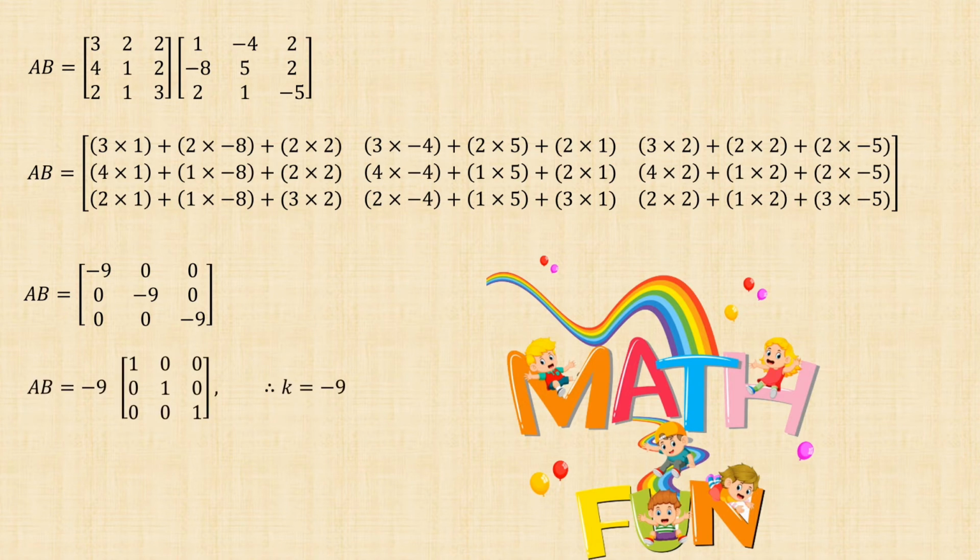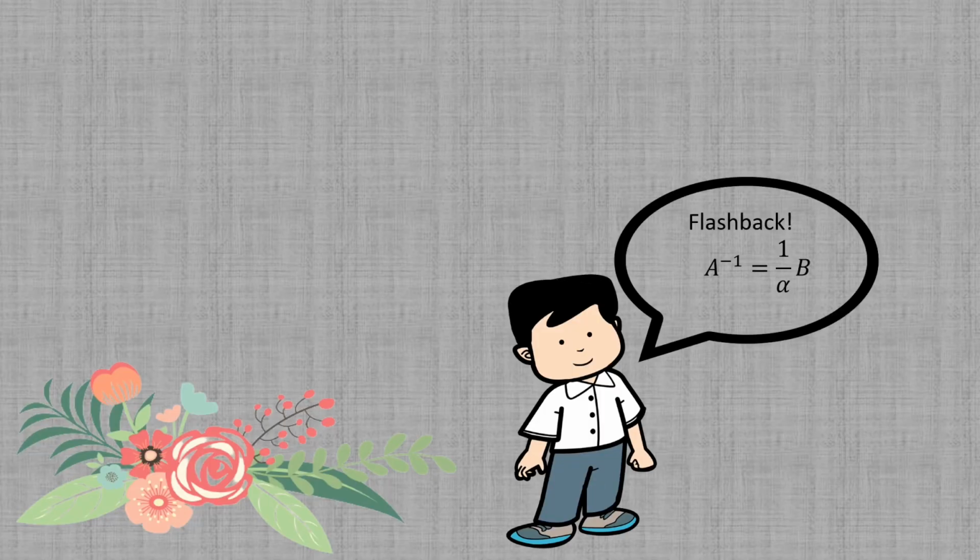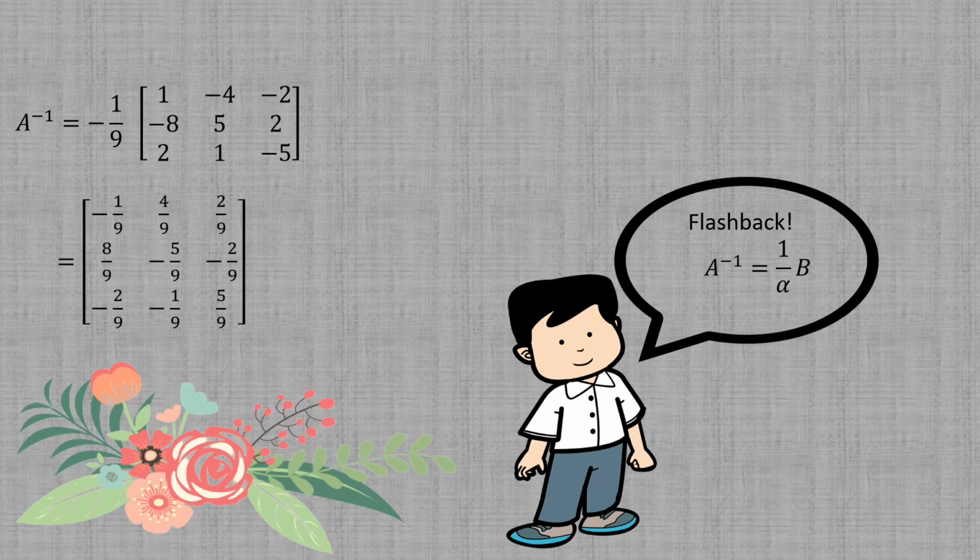So the value of k is negative 9. Then we need to remember that A inverse is 1 over k times matrix B. So we can continue to find A inverse. Okay, so A inverse is as shown.